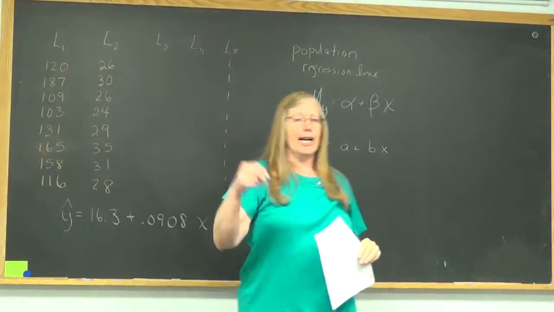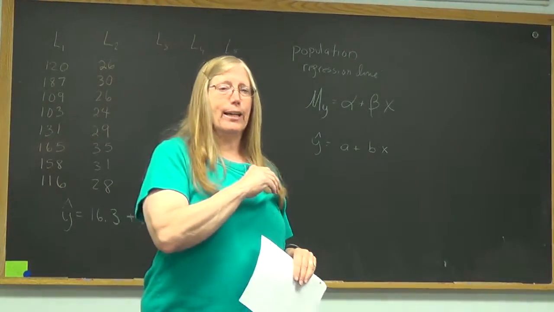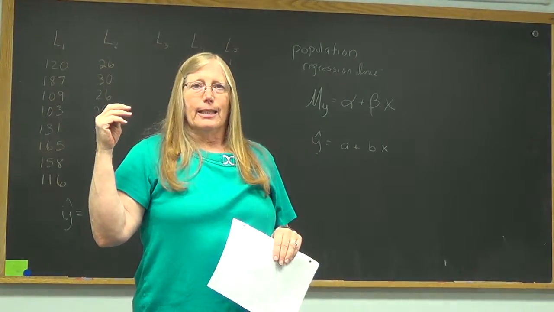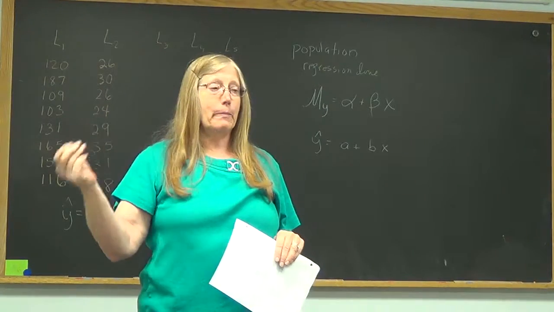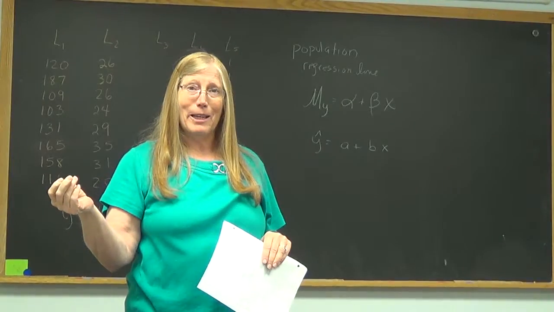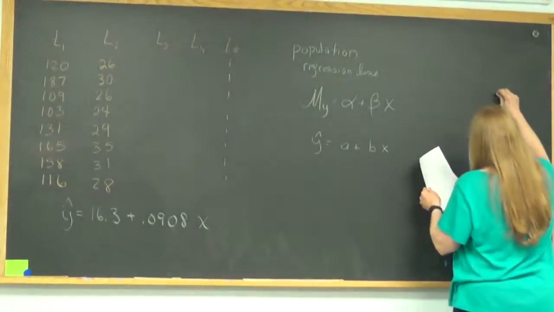Very similar to how we used x bar to estimate what? The mean. Right, x bar helped us figure out the mean, and what did p hat help us estimate? Proportion. All right, so I'll put that in a little box on the side.